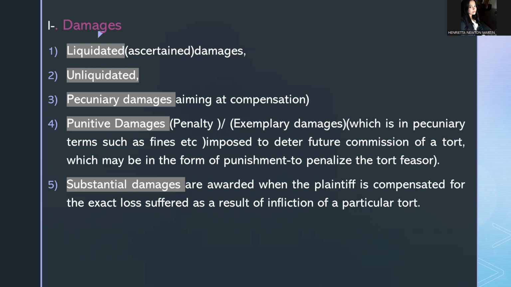And it is imposed basically to deter future commission of tort, deter in the sense to lay an example to others and even to the person, saying that in case you commit this tort, such and such a fine has to be paid by you. So the person normally says that if I have to do away with so much of money, I rather not commit this tort again. So that is to deter a person, that this may be in the form of punishment or to penalize the tortfeasor.